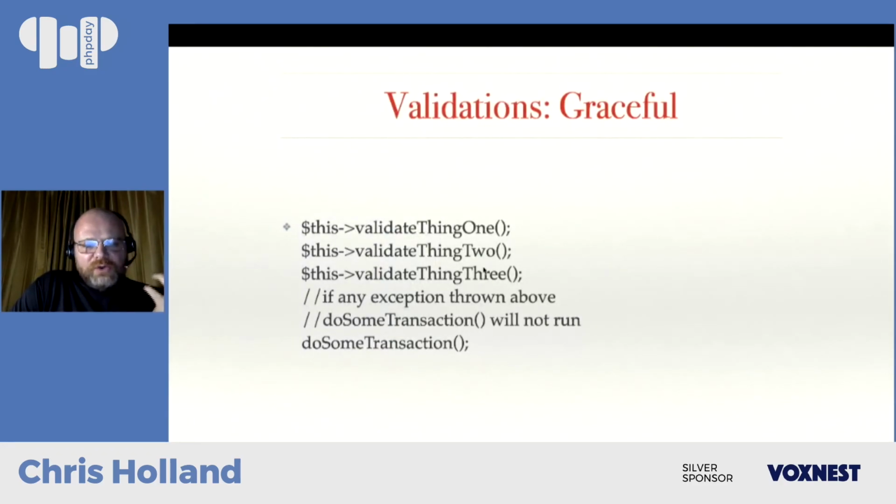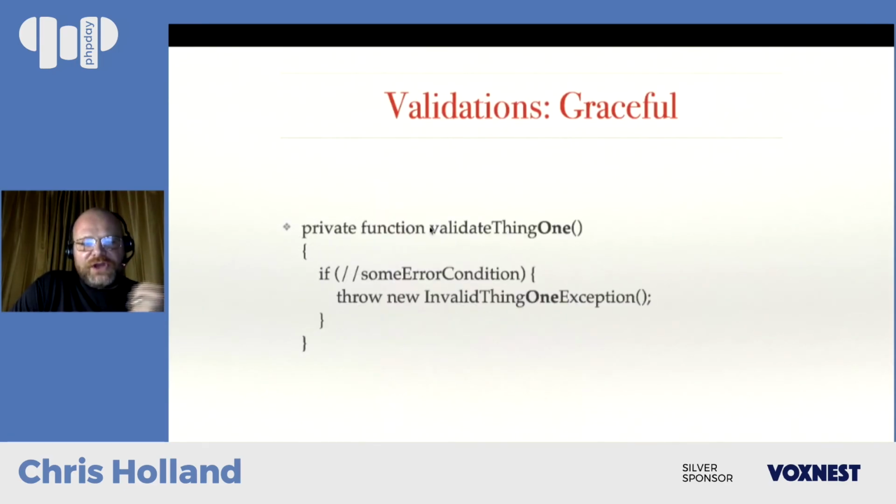Now the code for each one of those validation methods, instead of returning true or false, reads more like English. If some error condition happens, then throw a new invalid thing1 exception. For example, I could say throw new user was not found, right?